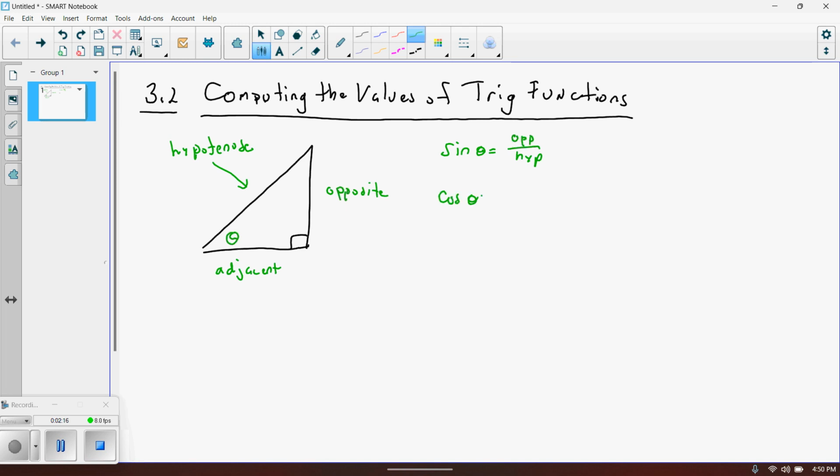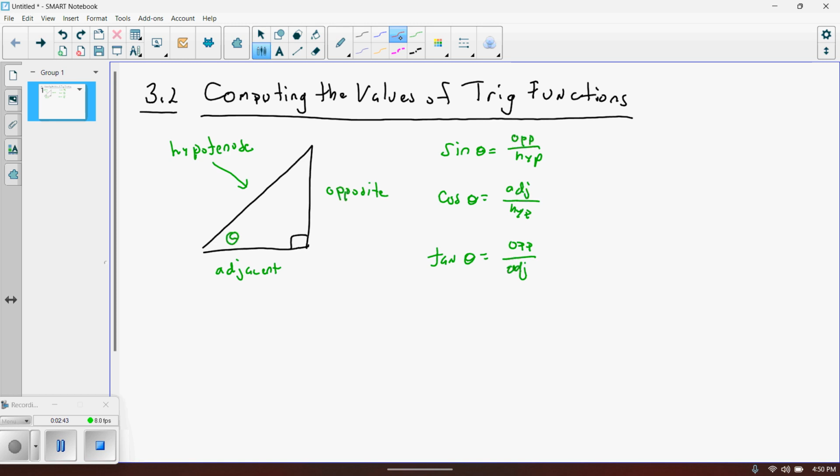Cosine is defined to be the adjacent side over the hypotenuse. And then tangent is defined to be the opposite side divided by the adjacent side. Again, all that stuff should be reviewed. That's way back to geometry from high school or whenever you took it. Definitely should be something you're familiar with.